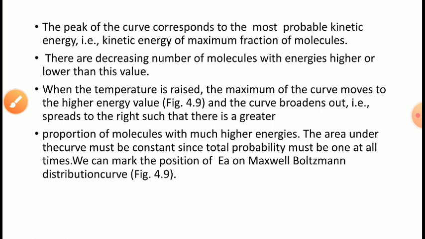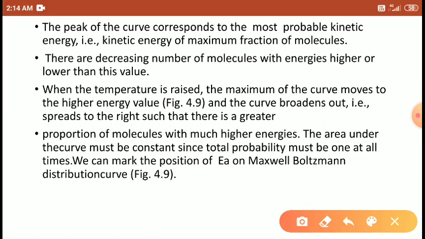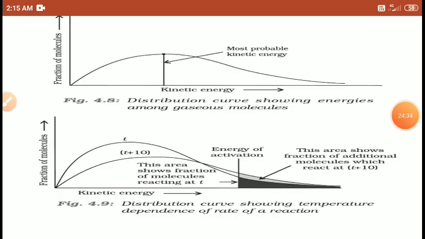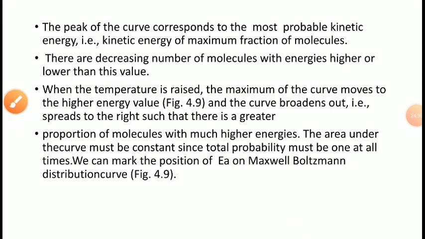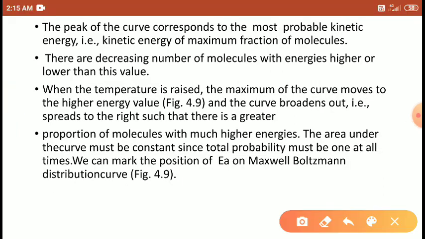The peak of the curve corresponds to the most probable kinetic energy, where the fraction of molecules is maximum. The number of molecules decreases for energies higher or lower than this value.